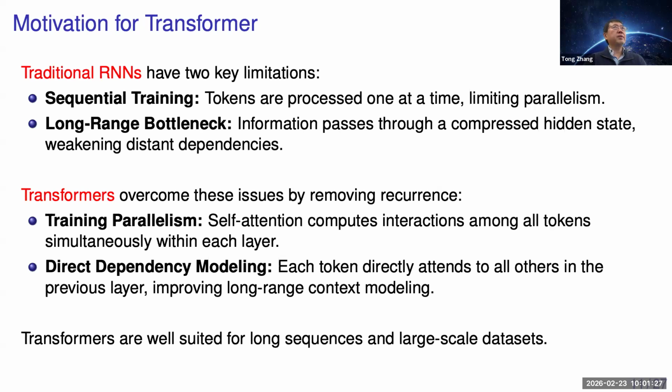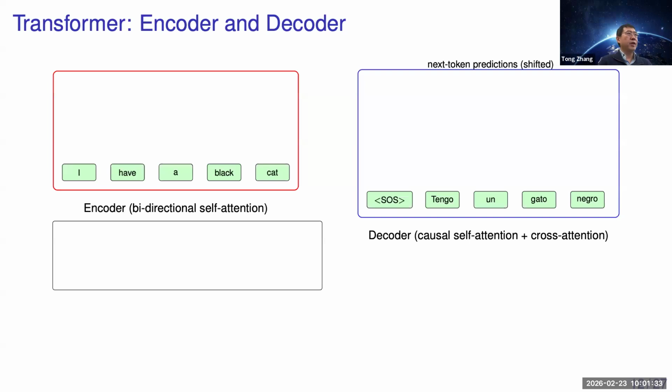choice for many problems. And they start again with machine translation. So we will talk about this machine translation setting, right? The original transformer paper, I think everybody knows that paper, is "Attention Is All You Need." It is about machine translation.